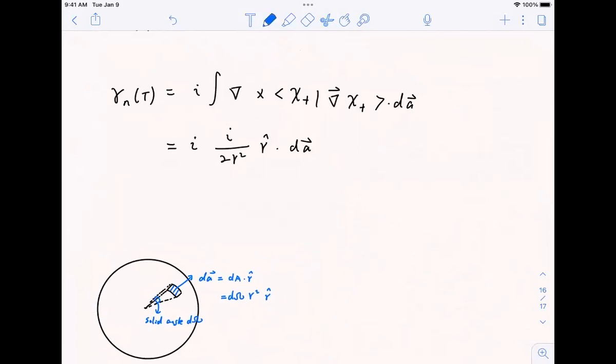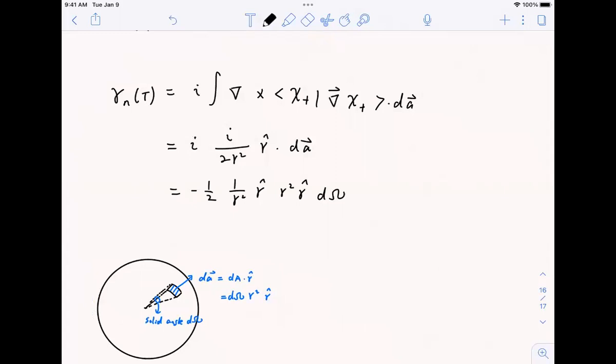Then you just continue to write it. This will be negative, so you have a negative 1/2 1r, so this will be r squared r d solid angle. And then, of course, you're going to do the integration.